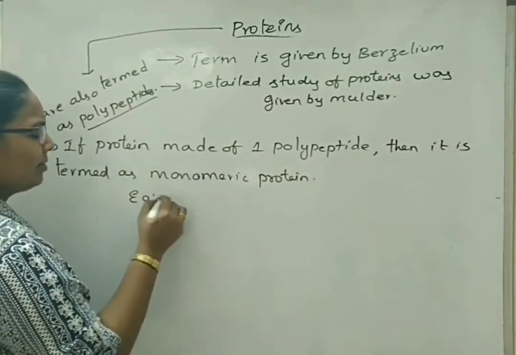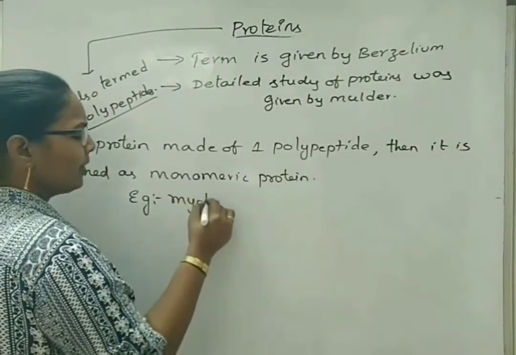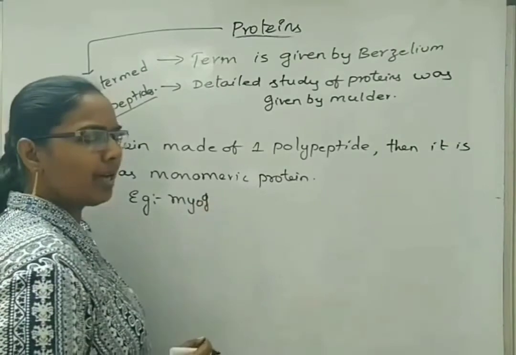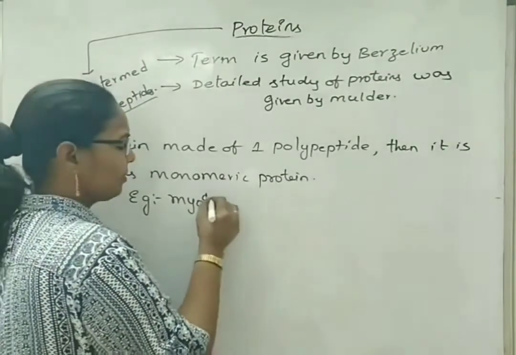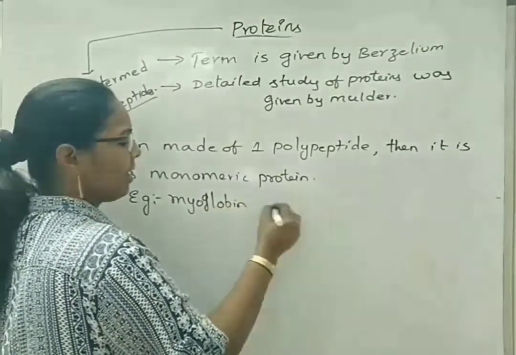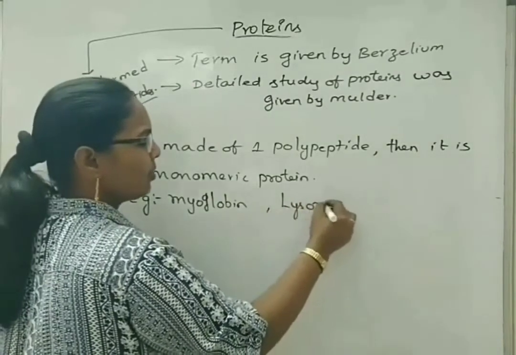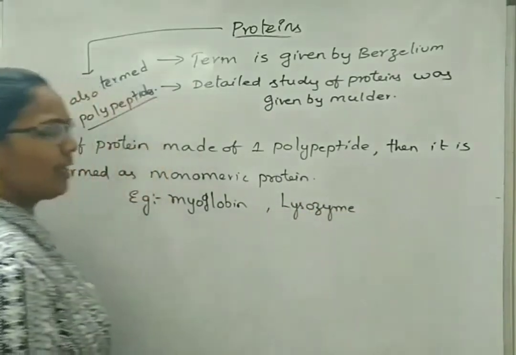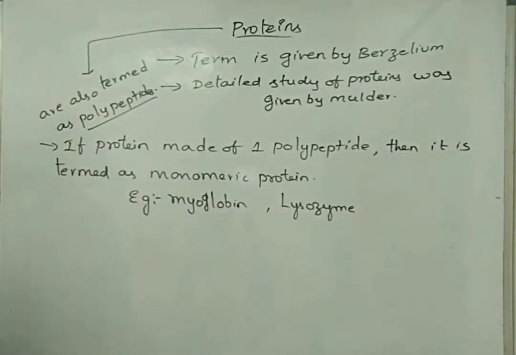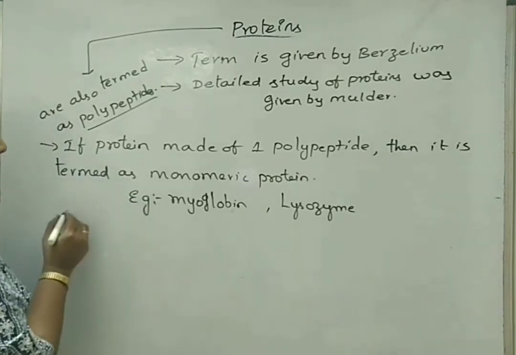Examples we can take: myoglobin protein, which is seen in the animal histology topic. Another example, lysozyme, which we study as existing in the saliva of the human body to kill bacteria that enter in the form of food. So this is about monomeric proteins.